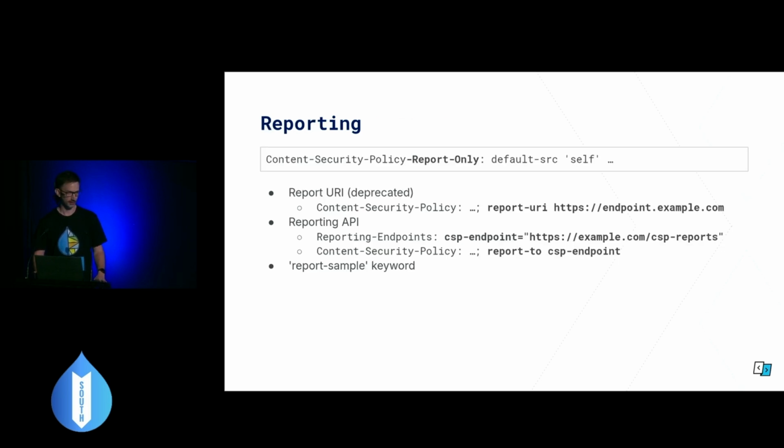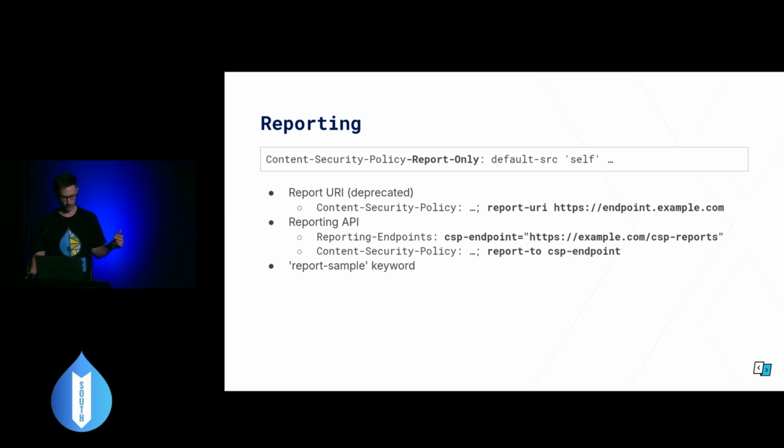So for the CSP, or Content Security Policy, HTTP header, you can append the suffix -report-only. Everything else about the header looks exactly the same. It's truncated here, I've just got an ellipsis there. But then you add another directive for the report URI. Well, actually, report-uri is deprecated, but it's supported in all current browsers.